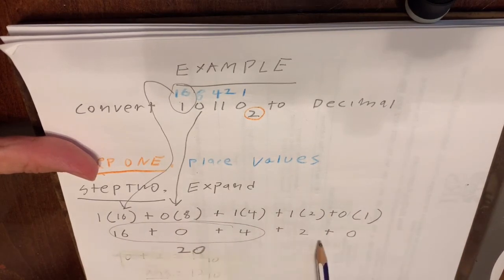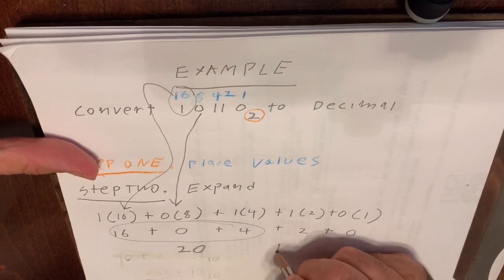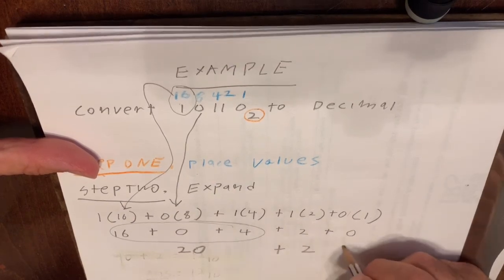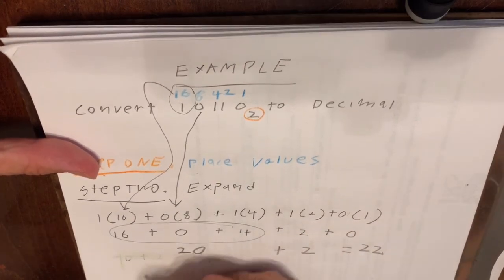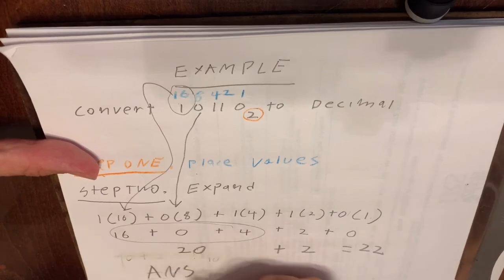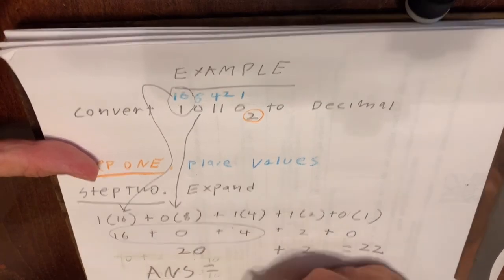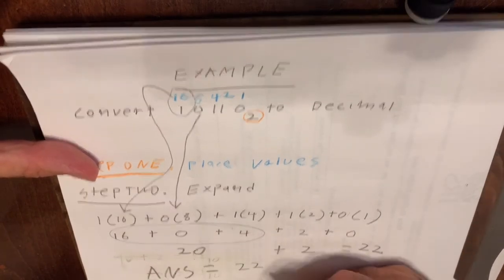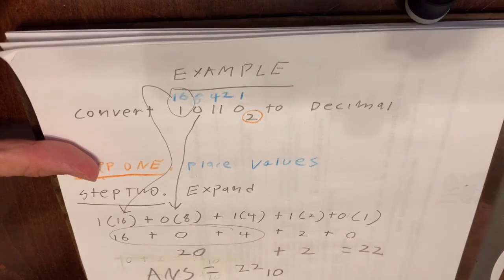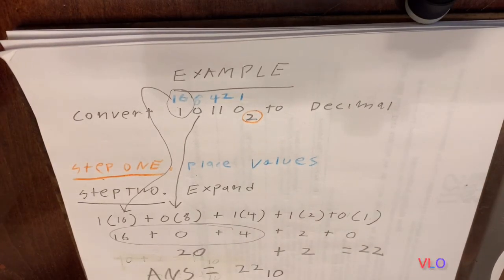And 20 plus 2 is 22. So the answer is equal to 22 base 10. So this little subscript here tells you that it is base 10.